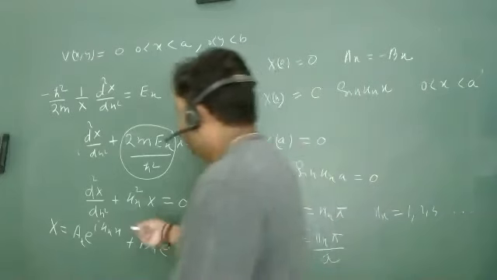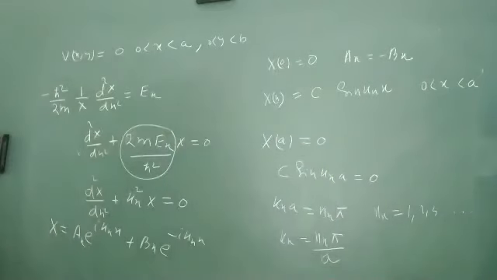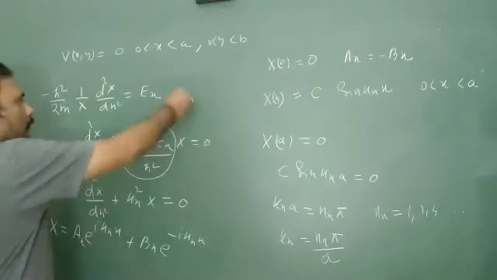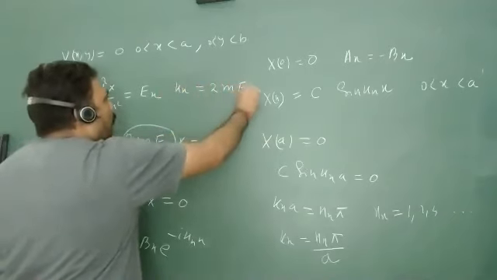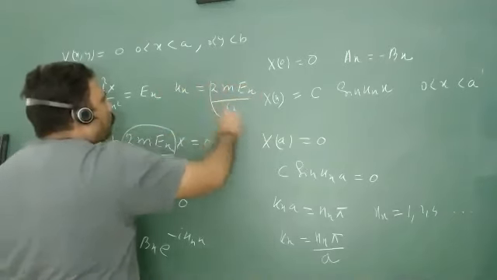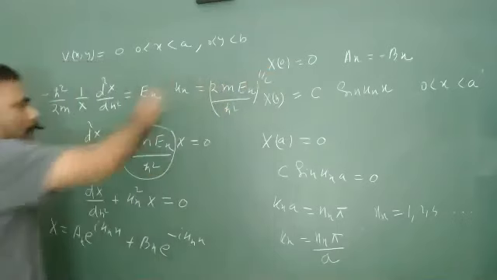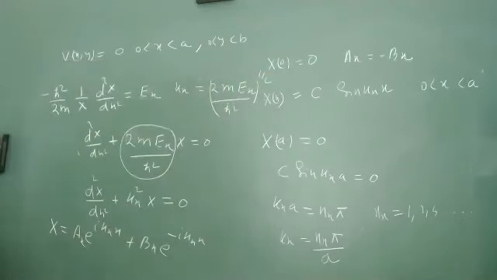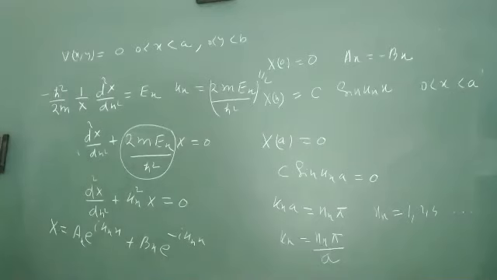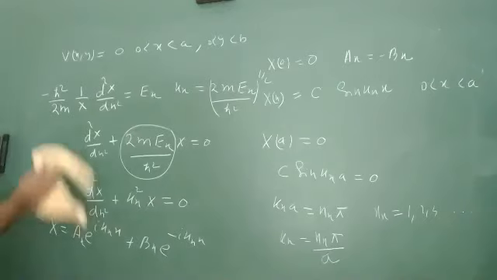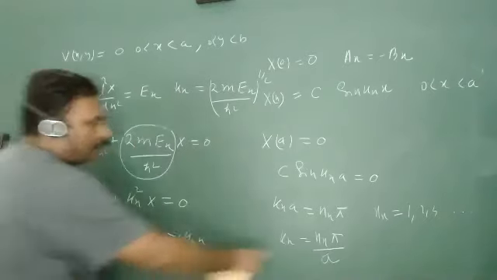And now you can find the value of Ex, because kx is nothing but 2m Ex upon h cut squared, to the power half. So from here you can get the value of Ex. So what is the value of Ex? Shall I erase this? Ex is h cut squared kx squared by 2m. kx is nx pi upon a.